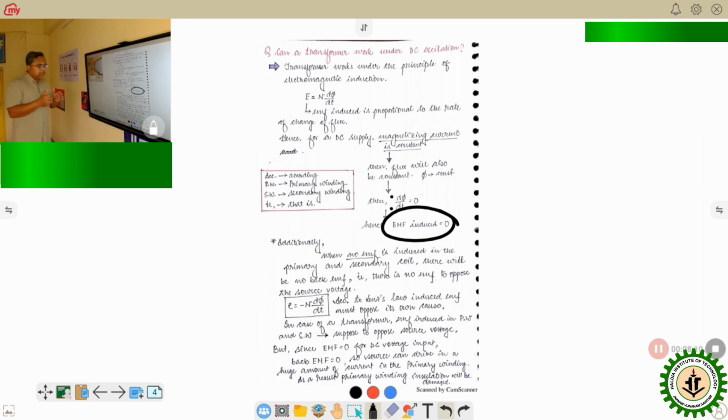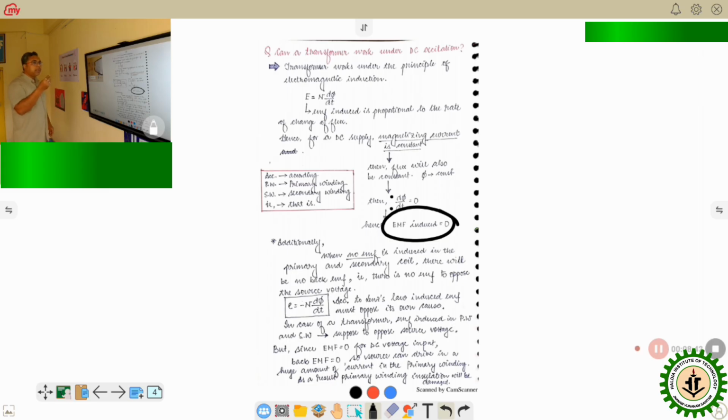So what will happen, since there is no opposition faced by the supply voltage, the supply voltage is free to supply a huge current in the primary side. As a result, there will be a high current passing through the primary number of turns. So this will increase the current.